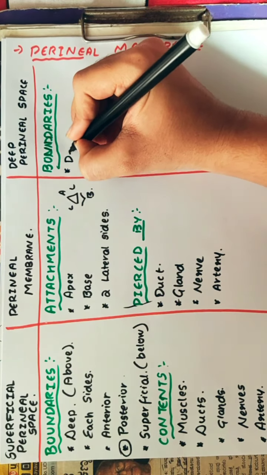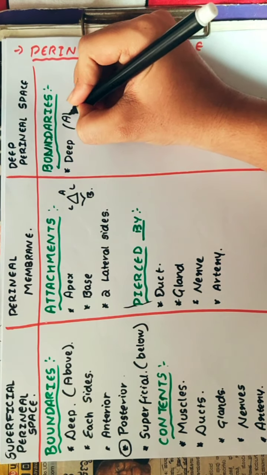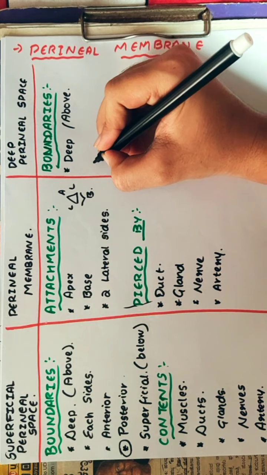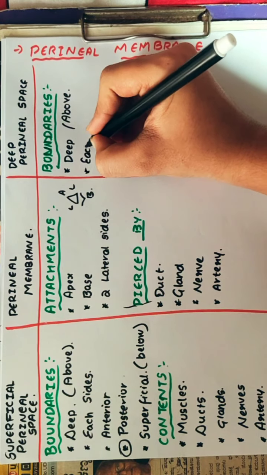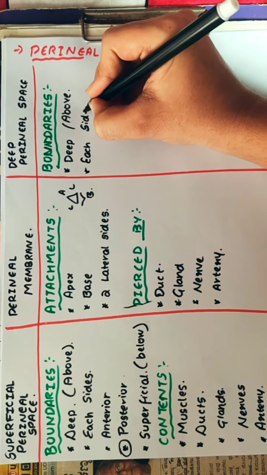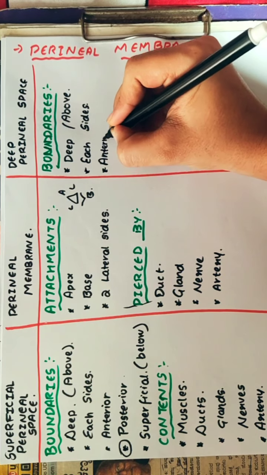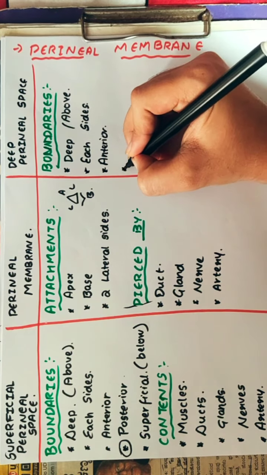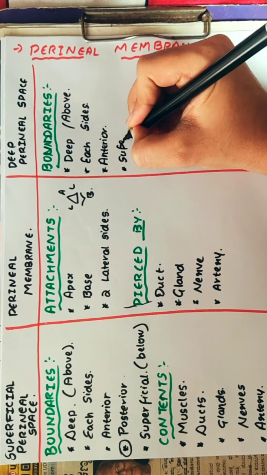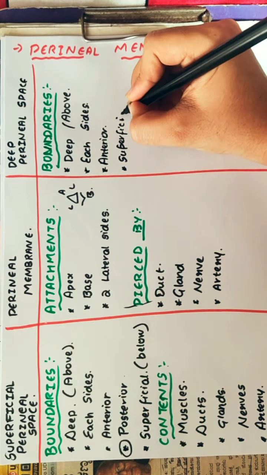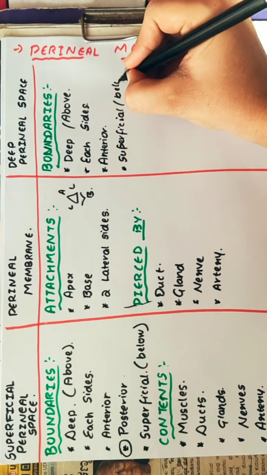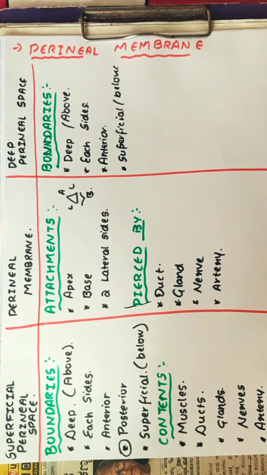So first, as usual, it is the deep, which is the above one, and on each side, and anterior, as well as the superficial, which means the below one. So these are the boundaries of the deep perineal space.